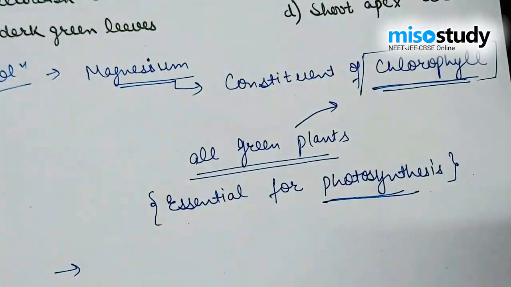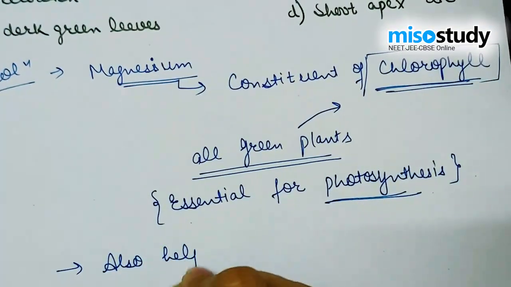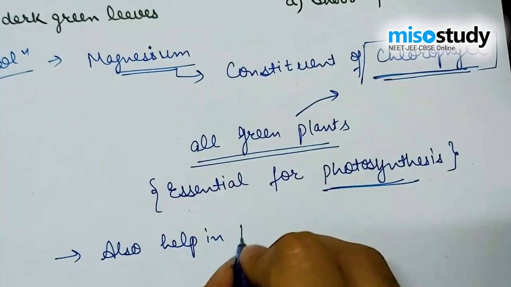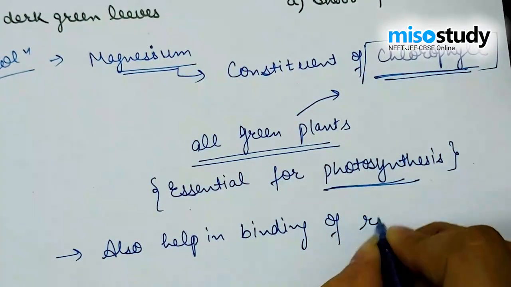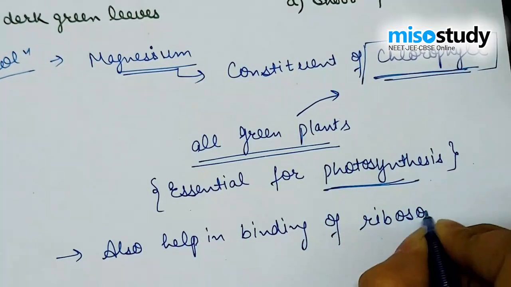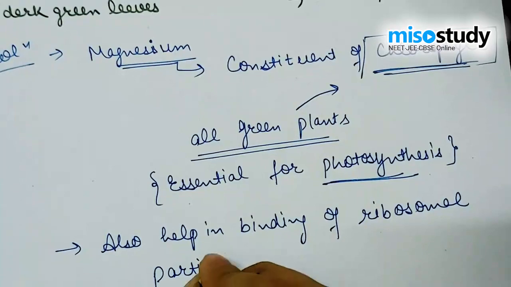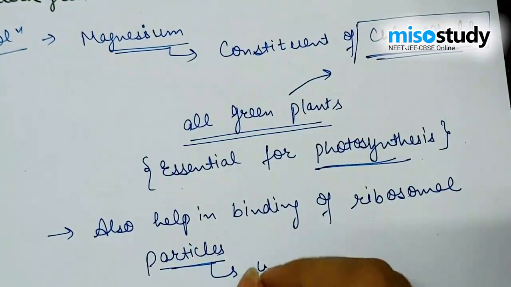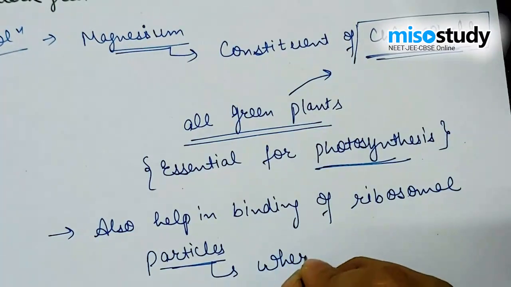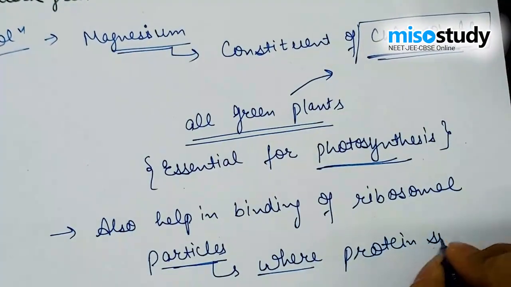Apart from its presence in chlorophyll, magnesium also helps in binding of ribosomal particles where protein synthesis occurs.